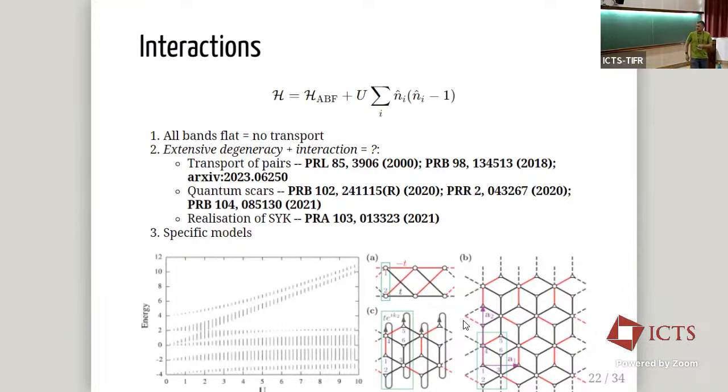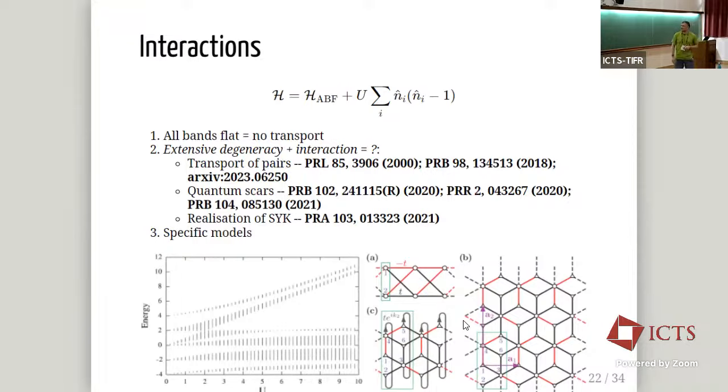It is also possible to engineer quantum scars in this case, that is, eigenstates that have low entanglement. Typically what happens is that you can combine the all-band flat lattice, or even a flat band lattice, and the interaction in such a way that the compact localized state is annihilated by the interaction and thus survives in the presence of the interactions.